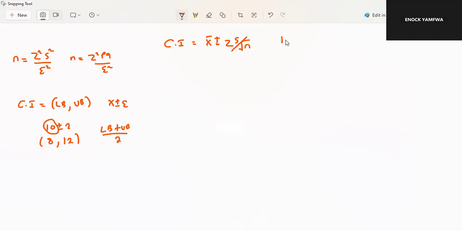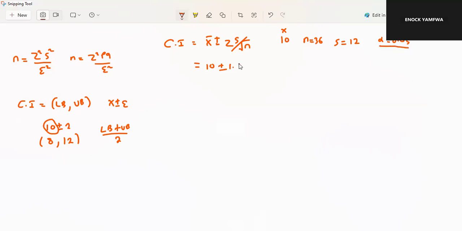If we're given a mean of 10 and a sample size n, which is maybe 36, and a standard deviation of 12, and your alpha as 0.05, how do we find the confidence interval? Here the mean is 10 plus minus Z, which is coming from 95%, 1.96.